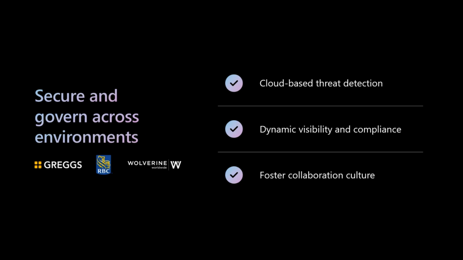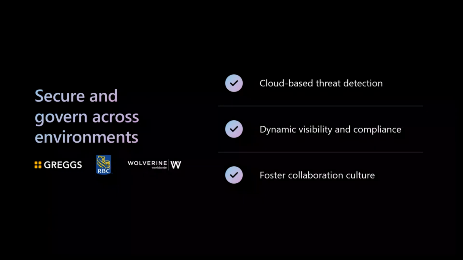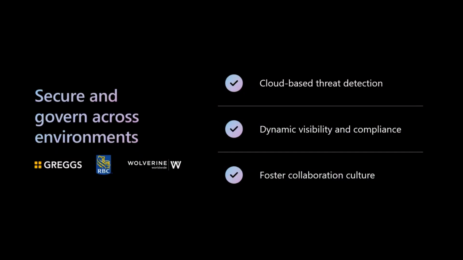It's not restricted to cloud only. You can cover your on-prem servers and Kubernetes distributions as well. You can protect all your applications, whether they are running on VMs, on containers, or as PaaS, with threat protection plans specific to that workload. And you can easily adopt this through dynamic visibility, compliance, and audit as well.